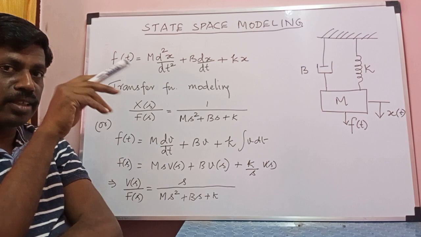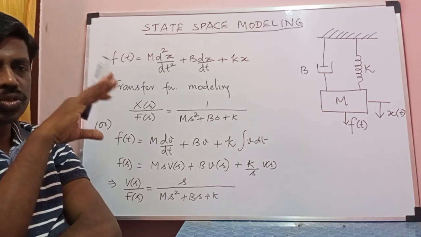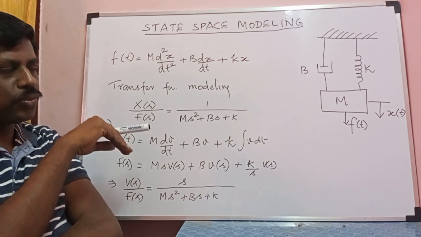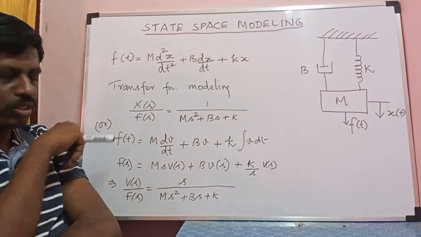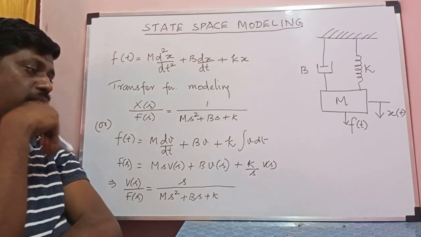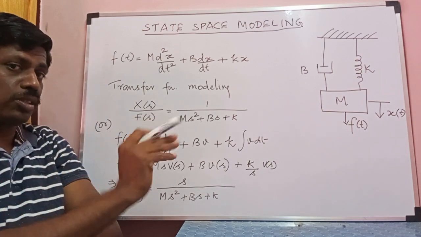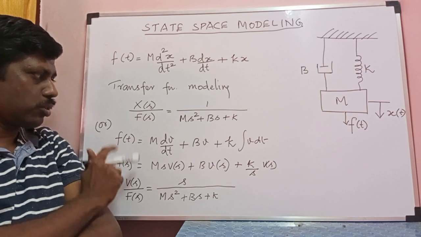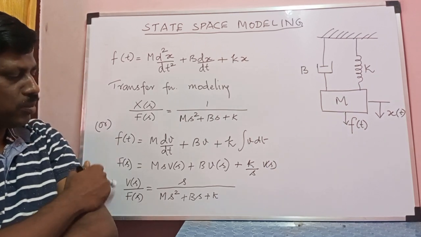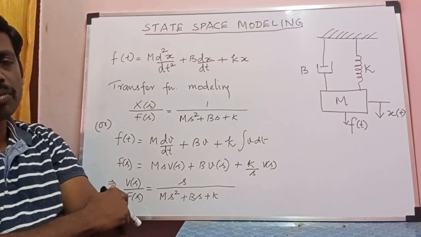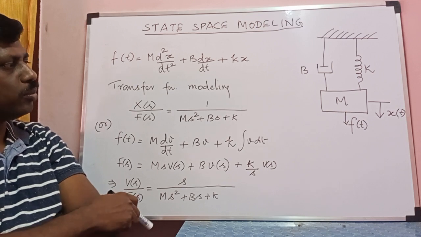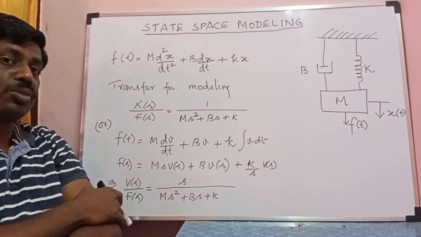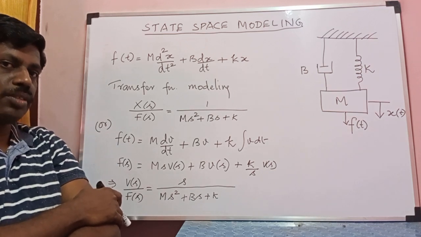For example, if you take electrical circuits, of course the capacitors can have initial charge, and therefore it can have some initial conditions. And if you take nonlinear systems, mostly initial conditions will exist. So this transfer function model has that drawback also. That is, if you want to analyze a system with initial conditions, you cannot do that.